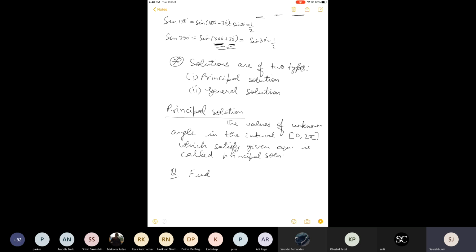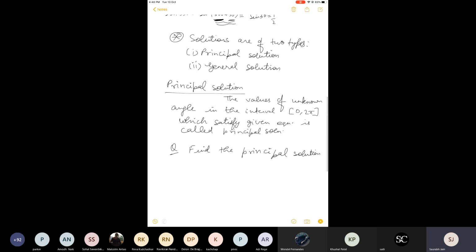Find the principal solution of the following equations. Answers are to be calculated from 0 to 2 pi, not beyond that, only in this interval. Such angles which are in this interval and satisfy the given equation are called principal solutions. Then we will come to general solution.